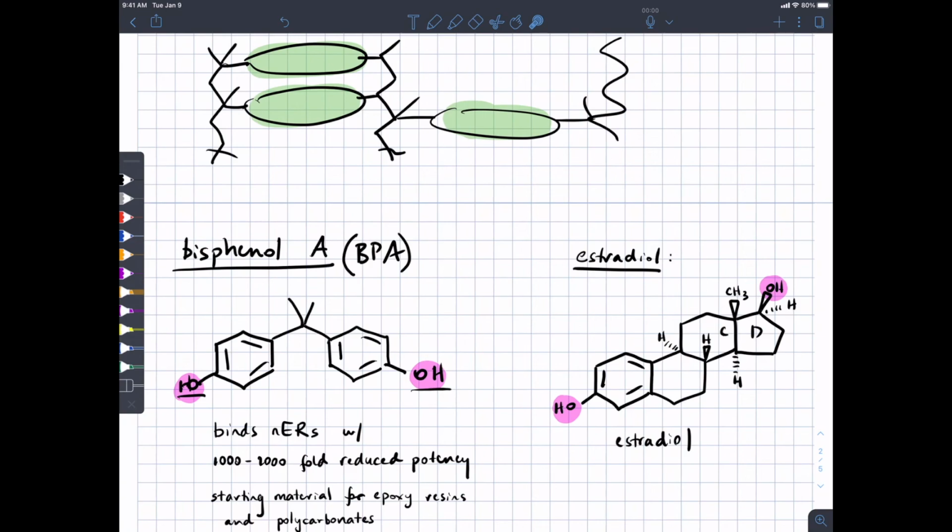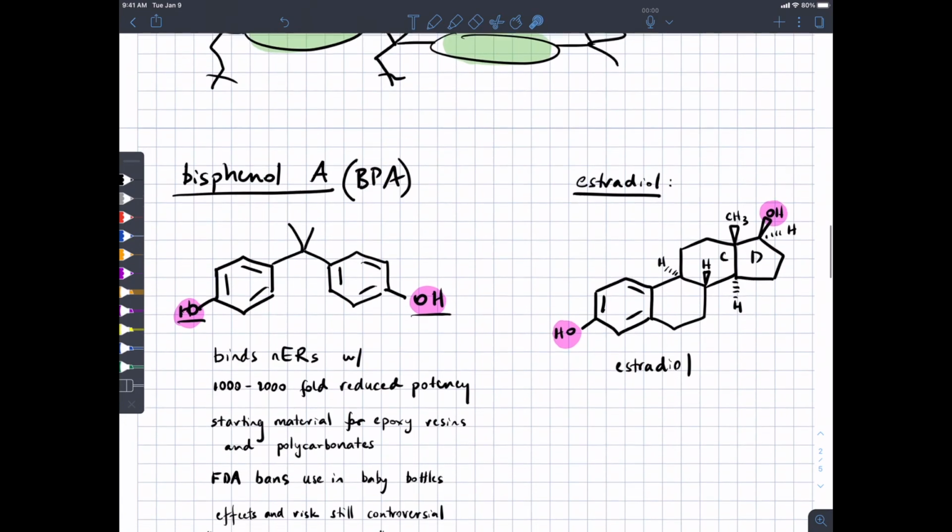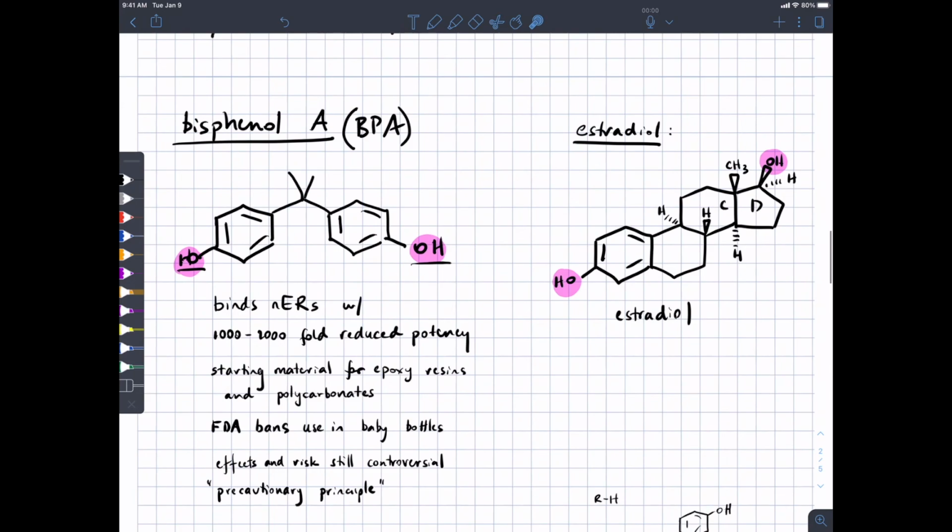And so you can imagine how a receptor for estradiol might also bind. The actual effects of this are controversial, though it's risky enough in terms of development that the FDA now bans BPA for use in baby bottles. There continues to be debate as to the effects and risk to the general population.